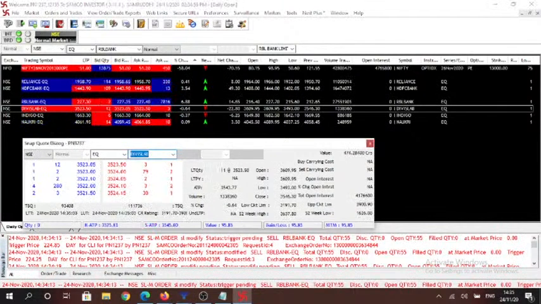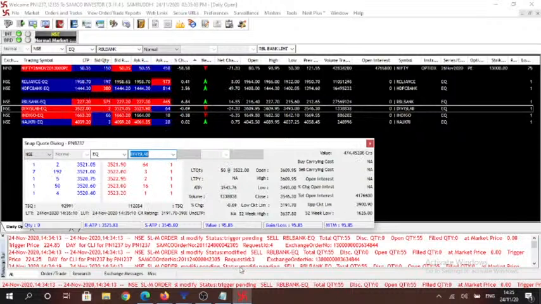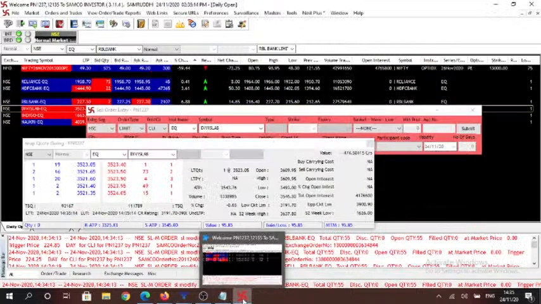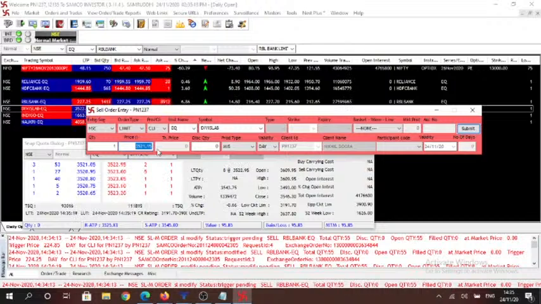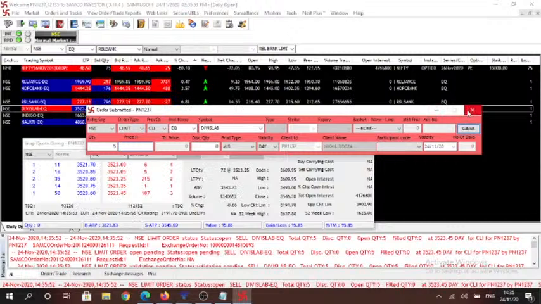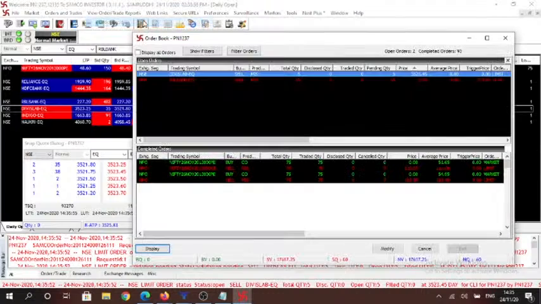Divi's Lab. 3524. We have not been filled yet in Divi's Lab.